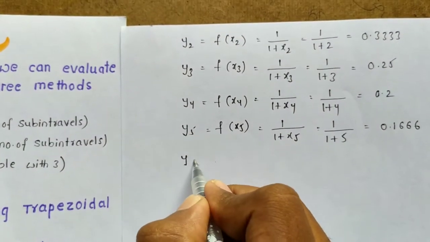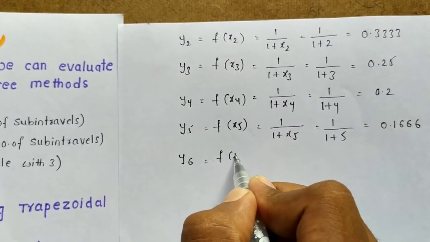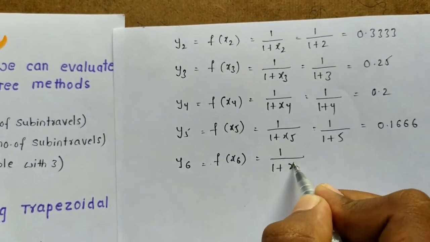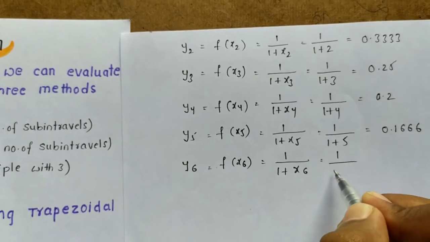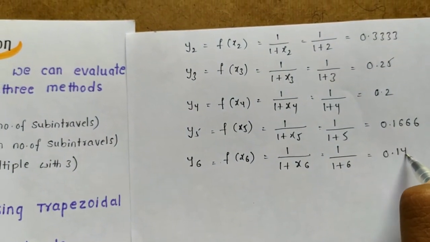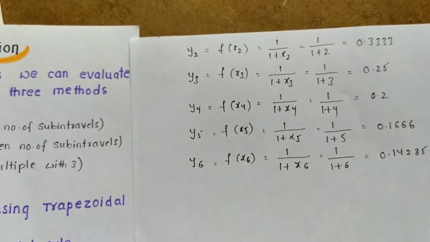And y6 is f of x6, 1 by 1 plus 6. Finally the value is 0.14285.